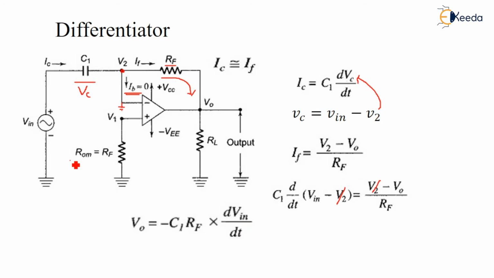This RCOM resistor is connected from the non-inverting terminal to the ground, which provides the bias compensation.